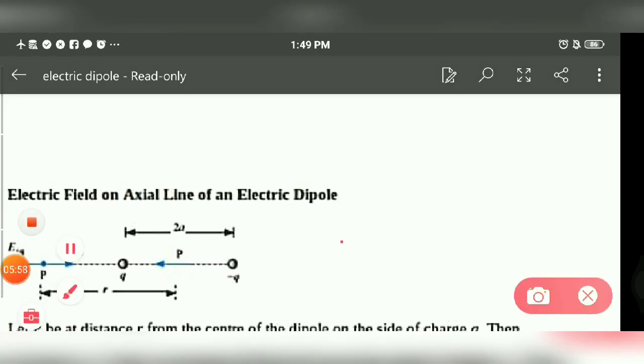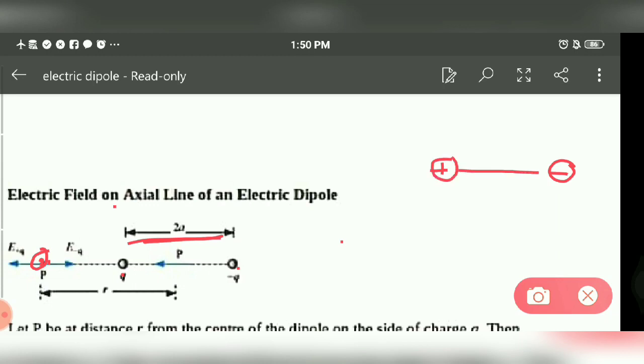If this is the complete axial line, this is point P. We consider this point P where we have to find the electric field. This is plus Q, this is minus Q, this is the distance between them, this is the point taken on the axial line. So it appears like a negative charge and a positive charge separated by a distance 2a between them, on the axial line.